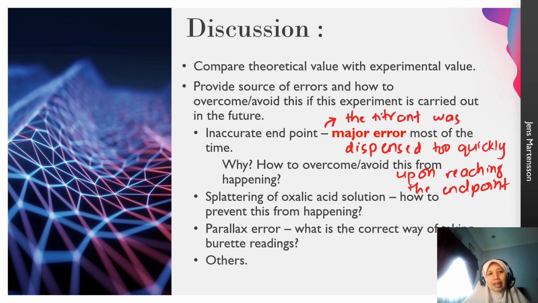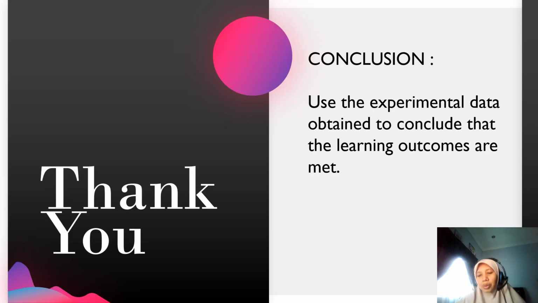Right? And finally, in order to write the conclusion, I believe there are 3 objectives. Refer to the objectives or learning outcomes, and if there are three objectives, there should be three conclusions, depending on the objective. Say the objective needs you to determine the molarity of hydrochloric acid solution.